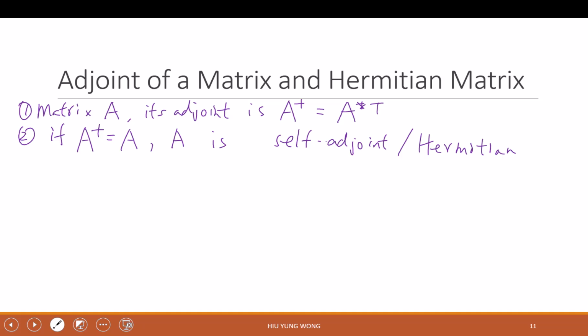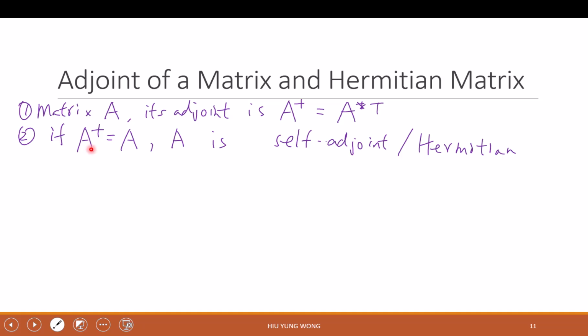Then what is its adjoint? Just the number's complex conjugate, correct? You can transpose the number, it's still that number, but you do need to apply the complex conjugate. So the adjoint of a number is just its complex conjugate.